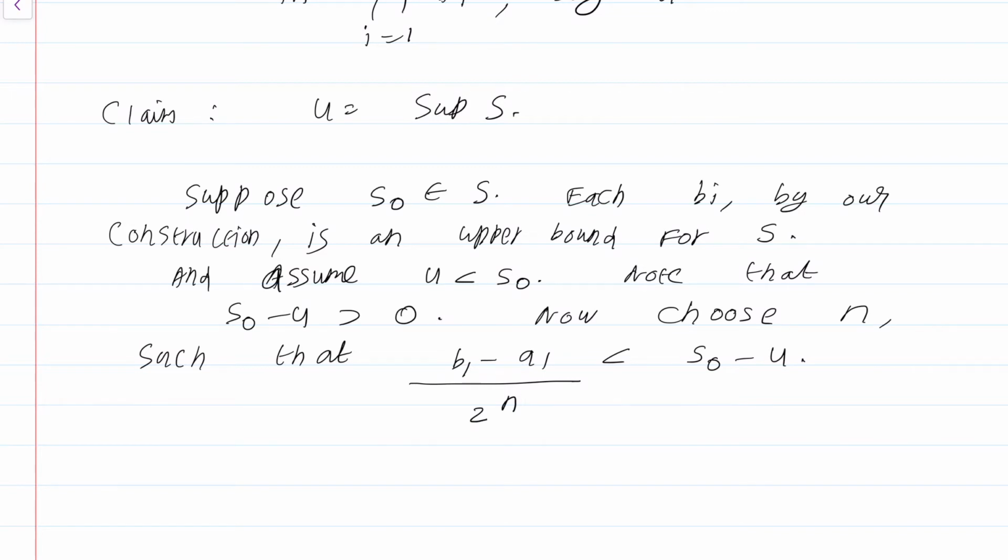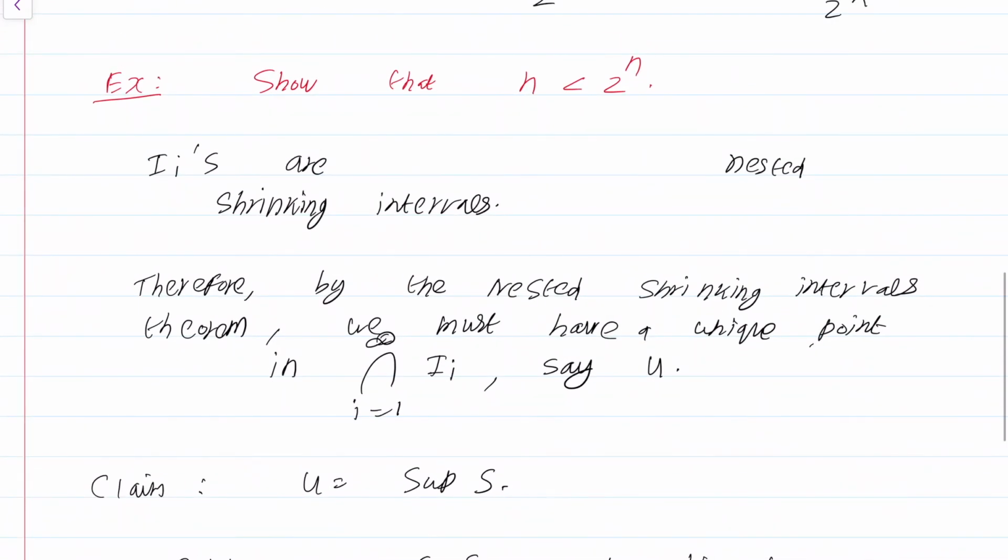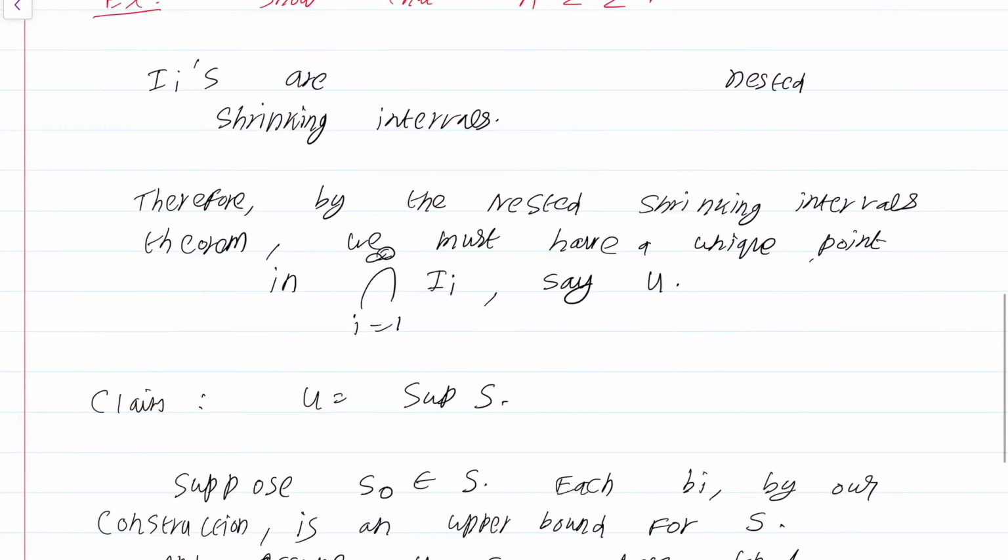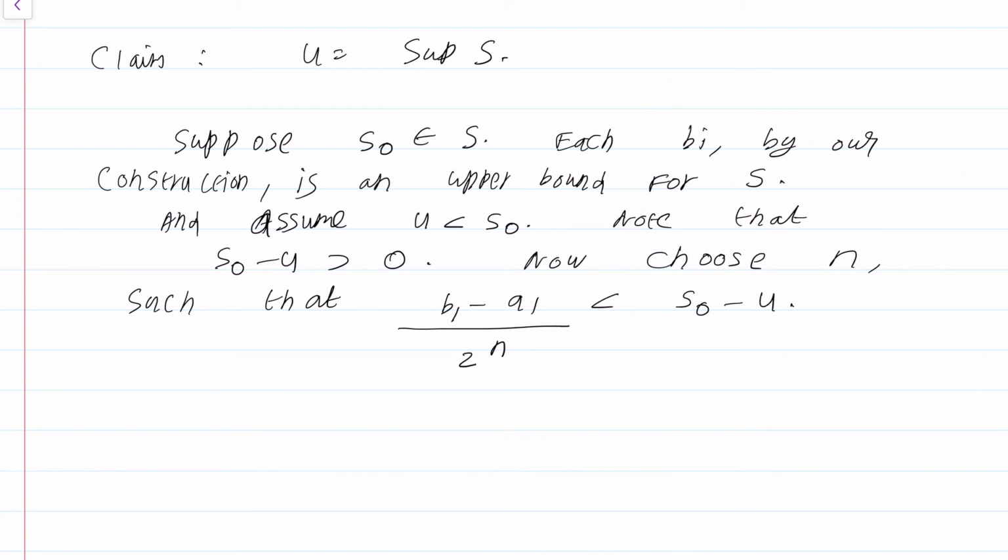Please pause the video. This is a subtle point. Make sure you understand how the Archimedean property comes into the picture here. First of all, the fact that N is less than 2 power N is used, and then you use the Archimedean property to construct N so large that (B1 minus A1) by 2 power N is actually less than S0 minus U.